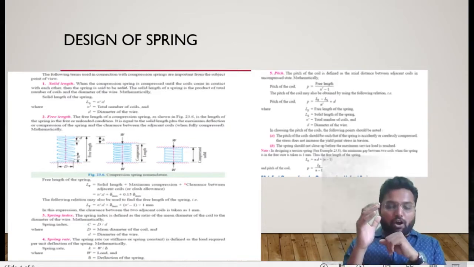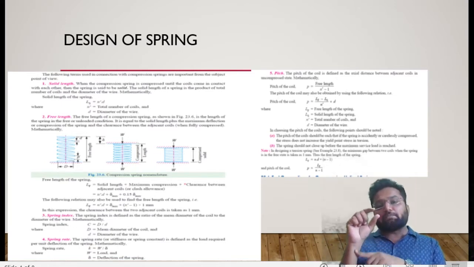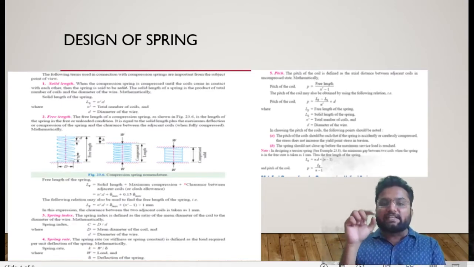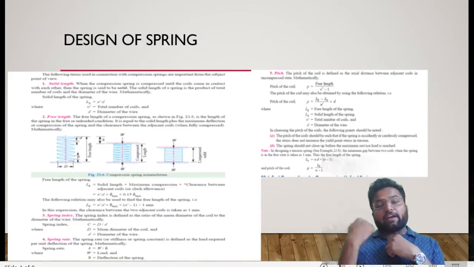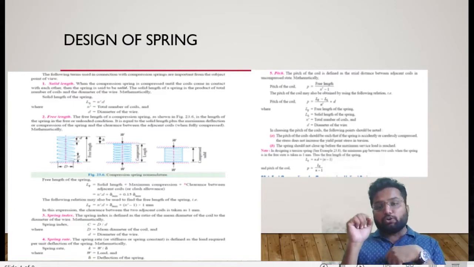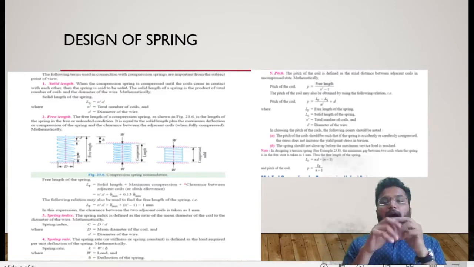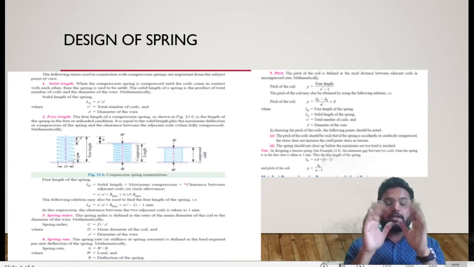Then pitch of our spring. What is the pitch of our spring? Pitch of our spring is nothing but the distance between two consecutive spring coils, which is represented by free length divided by number of turns minus 1. Clear?